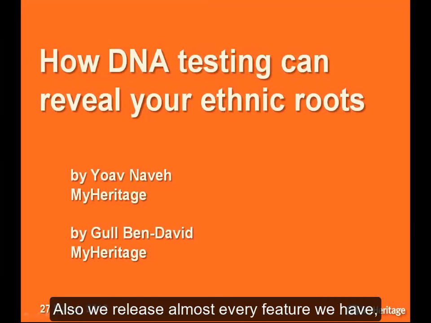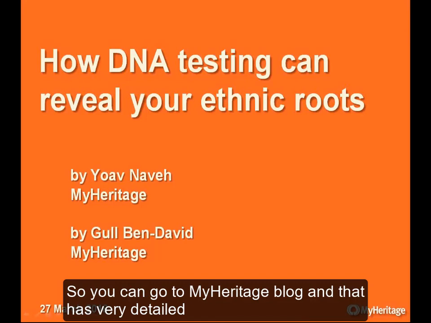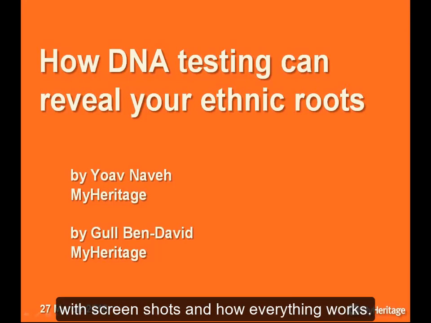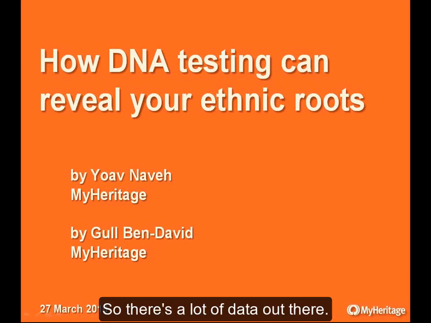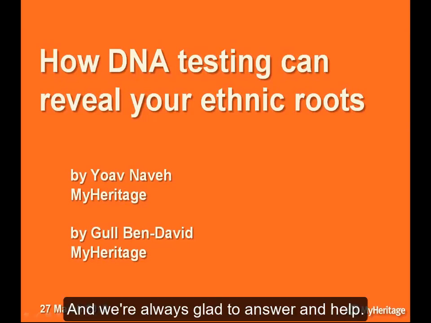Also, for almost every feature we release, we publish a blog post, so you can go to the MyHeritage blog, and that has very detailed explanations with screenshots of how everything works. So there's a lot of data out there, and we're always glad to answer and help.